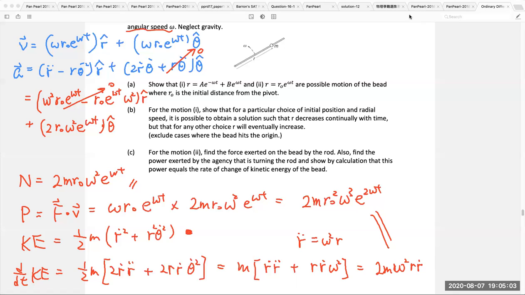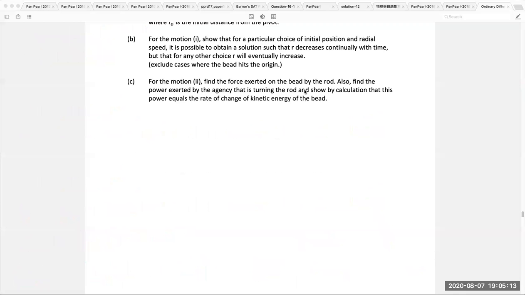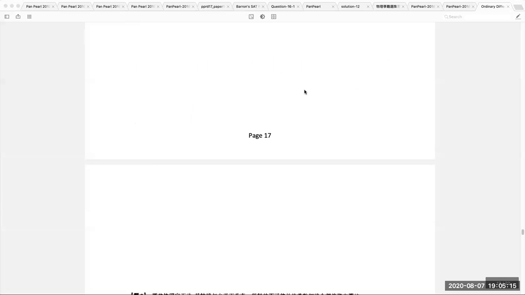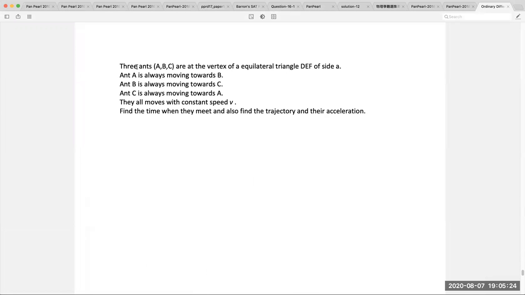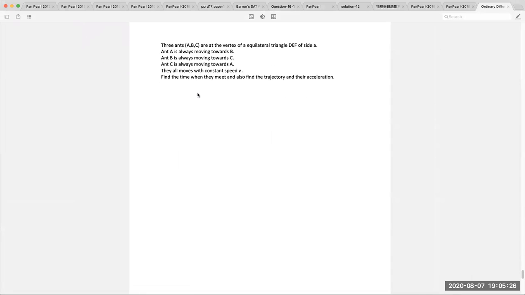Clear the screen now. So I clear the screen. We have talked about this one already. But we haven't found the trajectory in this case.